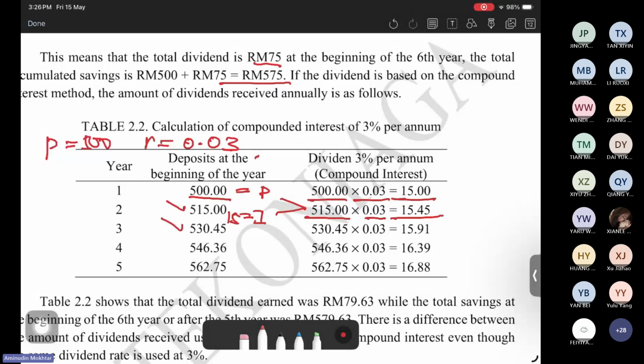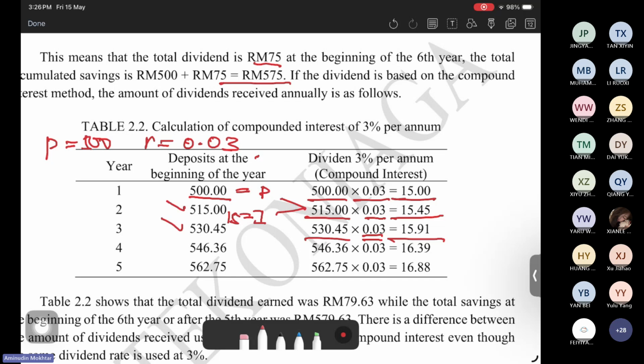Okay, this process continues in year 3. At the end of year 3, the 3% is now calculated based on the new total, that is the total principal 500 and the total dividend that you received for 2 years. Now at the end of year 3, the total is 591.